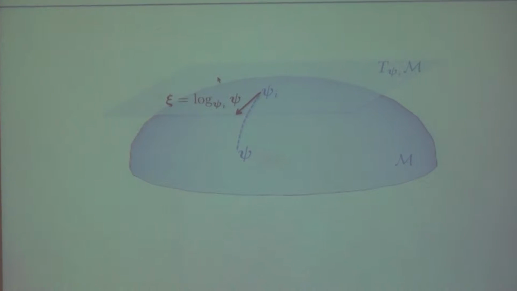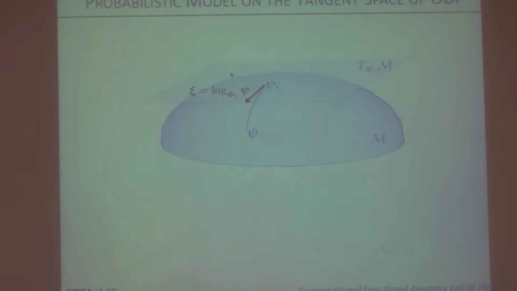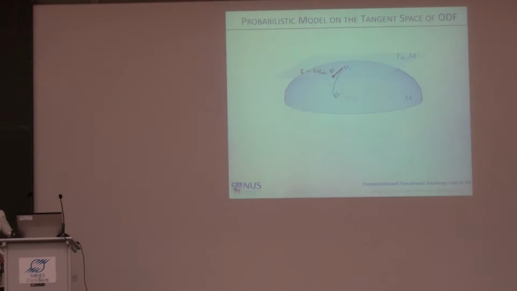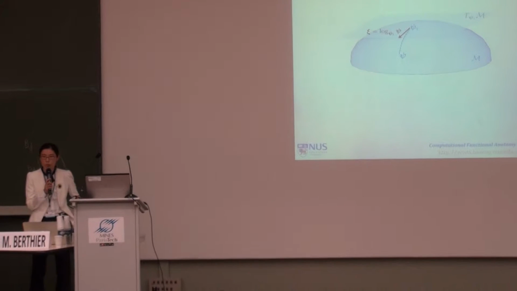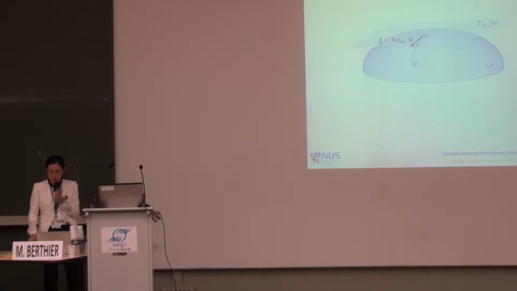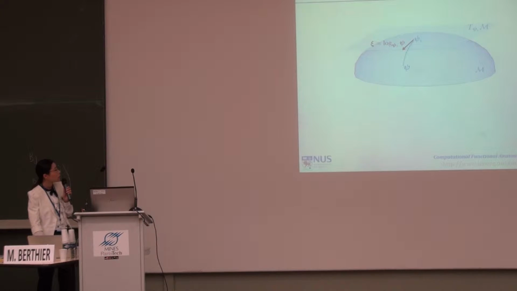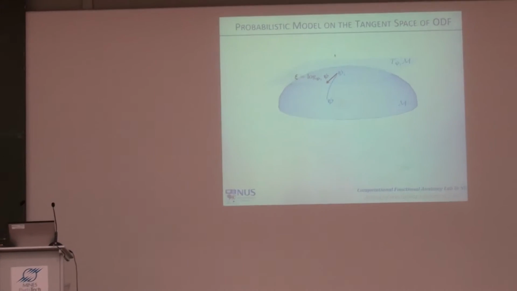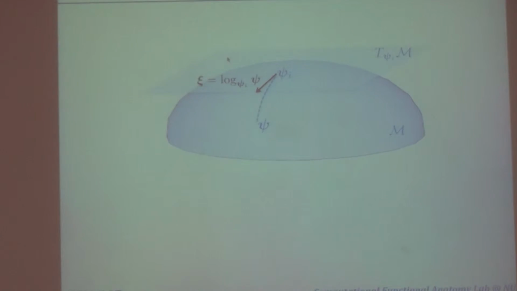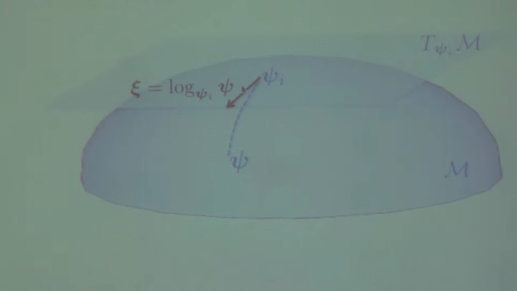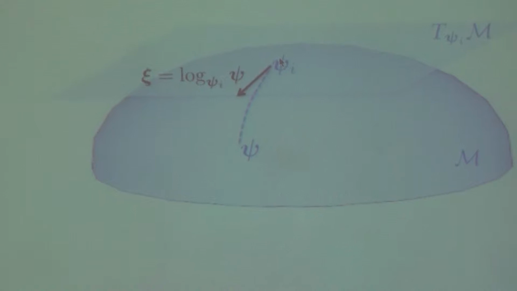So now let's see how we can build a probability density function on the ODF such that we will be able to study the mean of this. The way we do this is to look at probability models in the tangent space at a particular location in this manifold.